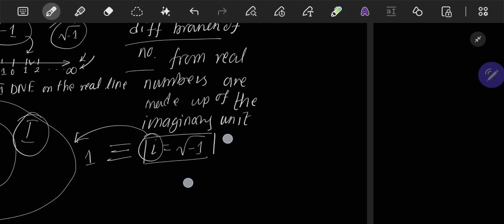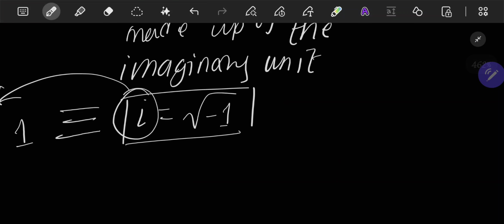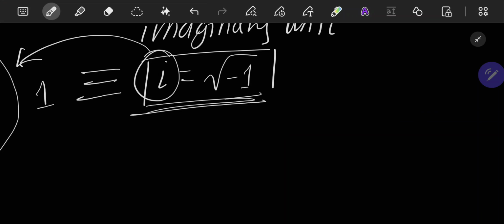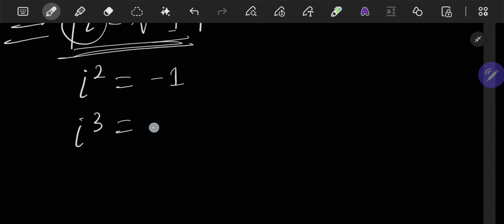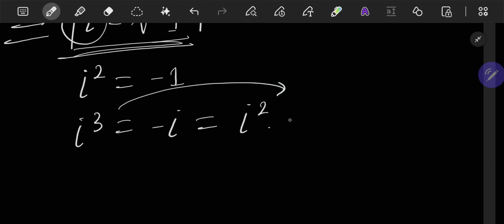So I should now introduce to you a few more features of the imaginary unit iota. Since we have that i is equal to the square root of minus 1, we have that i squared is equal to minus 1, and i cubed is equal to minus i, because this is equal to i squared times i, and i squared is just minus 1, so minus 1 times i is minus i.